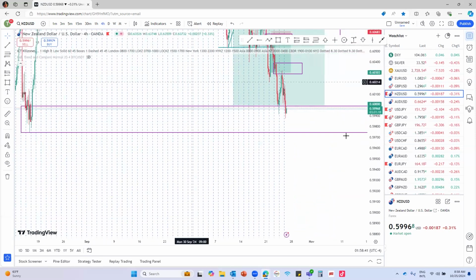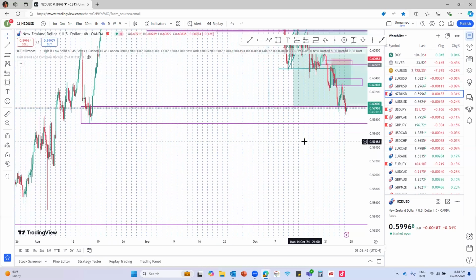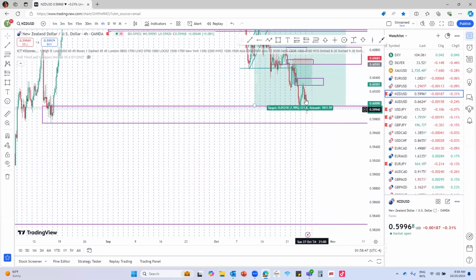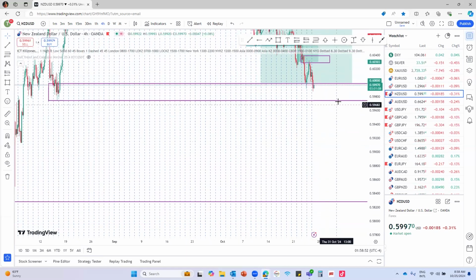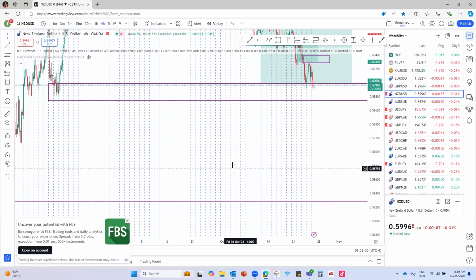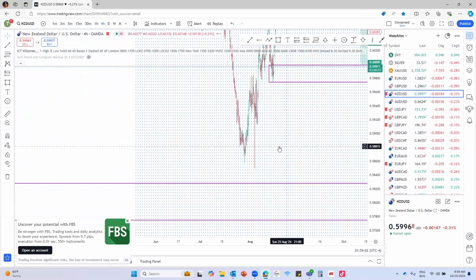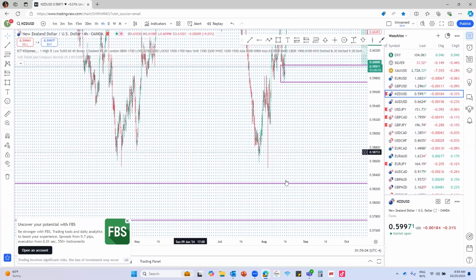What is of importance now is for us to monitor if the price is going to break below this. If the price breaks below that zone, we'll be looking for a retest, because this will be a demand zone that has been broken, so it becomes a supply zone. So we'll be looking for a retest, and then we take price down all the way to this particular zone that we have marked here.